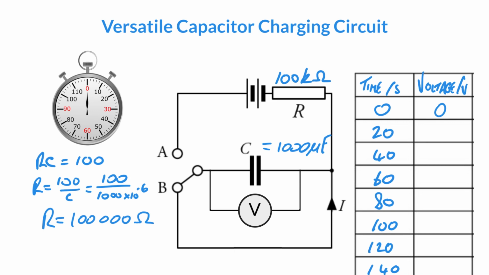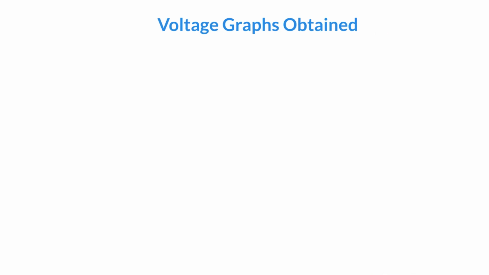You do the exact same method, get your partner to call it in, 3, 2, 1, each time it reaches a round number of seconds that you're waiting for, and you should get a nice set of voltage values for discharging then. So what graphs do we end up with if we plot voltage versus time?